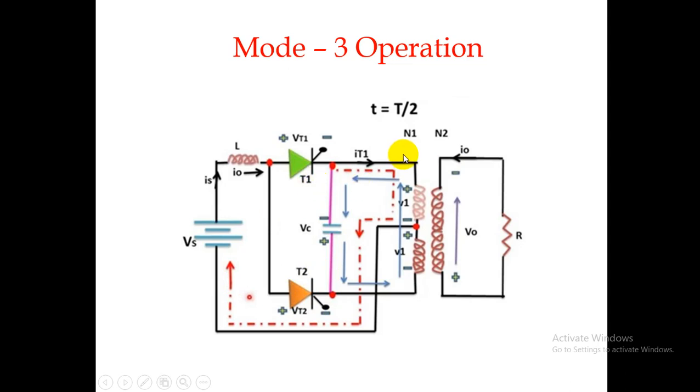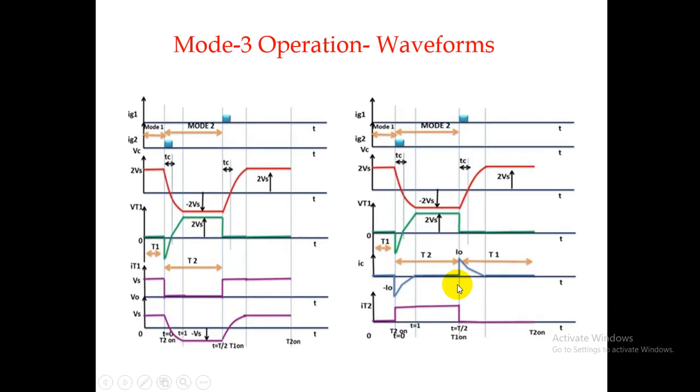Again T2 comes into action and it allows the current to flow, and there exist two currents right now. One current is due to T1, the other current is the capacitor discharging current, having the same output voltage, and we are getting V1, and the same thing is happening here, which we can see in the waveforms. Here we can see this capacitor voltage builds up in the positive side up to 2 Vs, because it is connected across the total primary winding of the transformer.